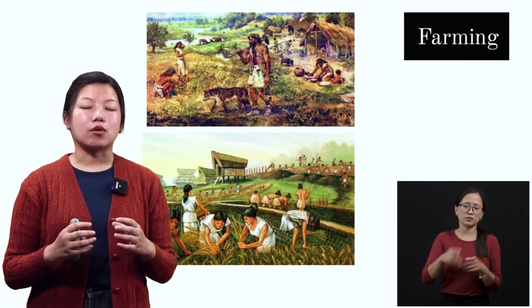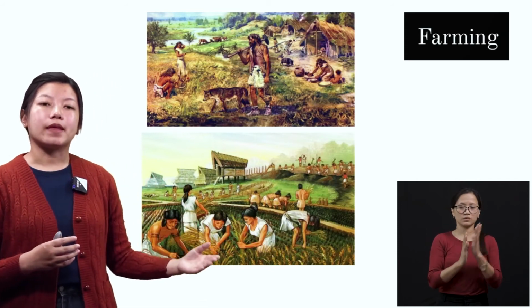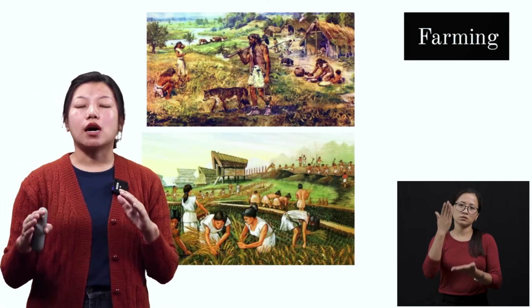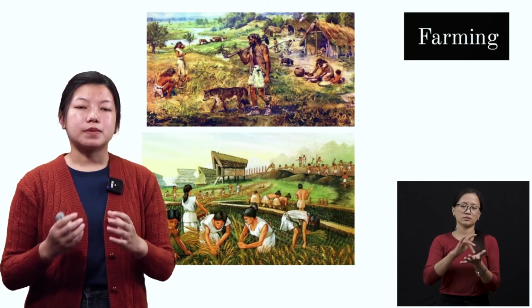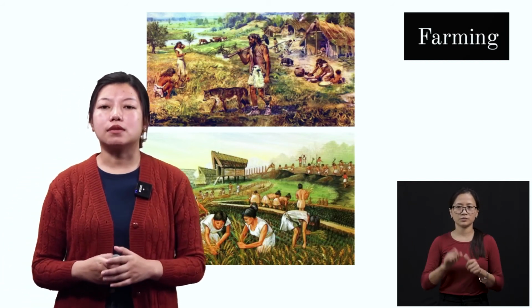With that, people learned how to grow crops. And then there were people who started settling in one place. They stopped moving from place to place, and they also started growing crops, which helped them to stay in one area. So that was farming.